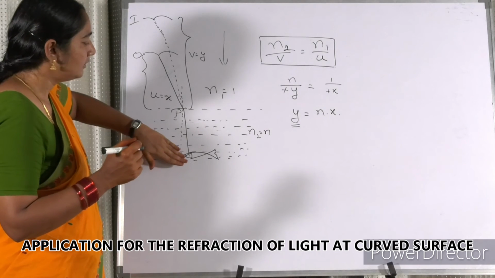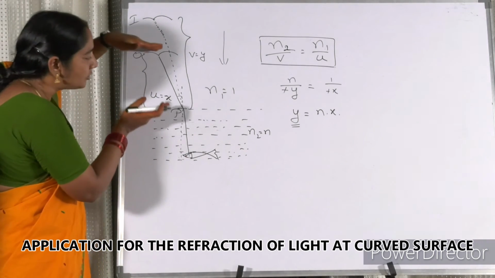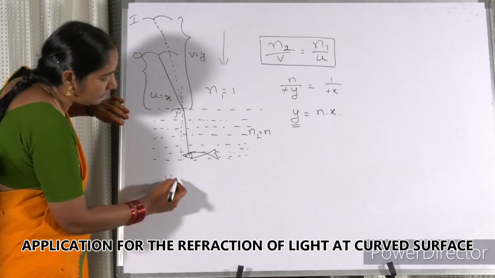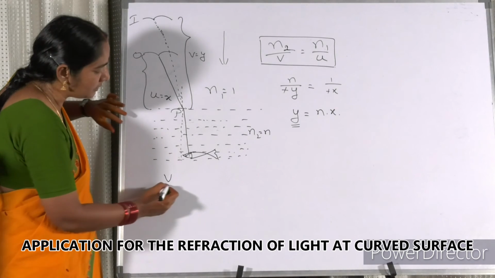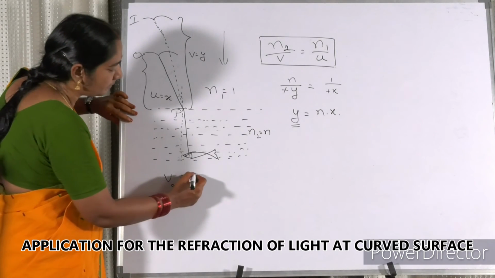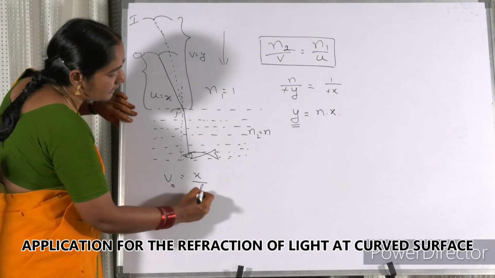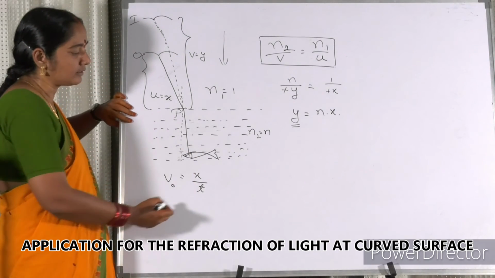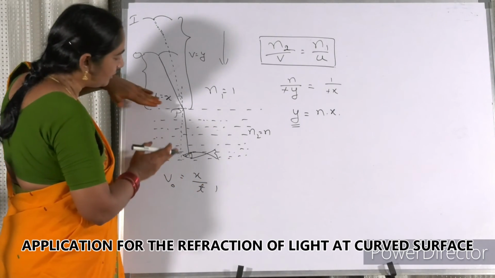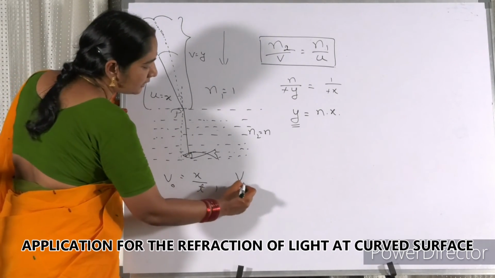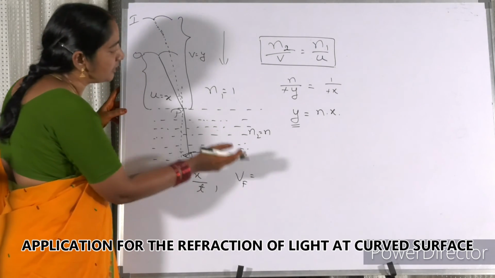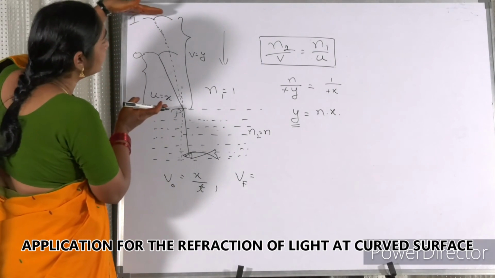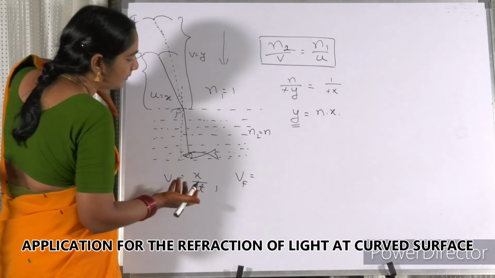So for the fish, the actual speed of the object is distance by time, that is x by t. But the velocity of the object seen by the fish eye is the distance of the image by time. Time is the same.